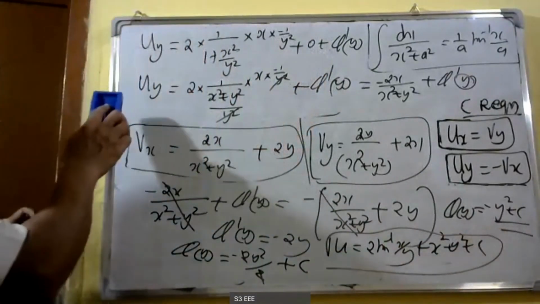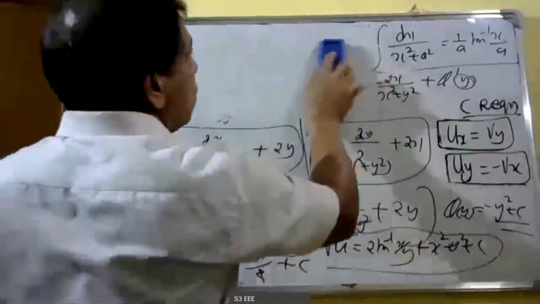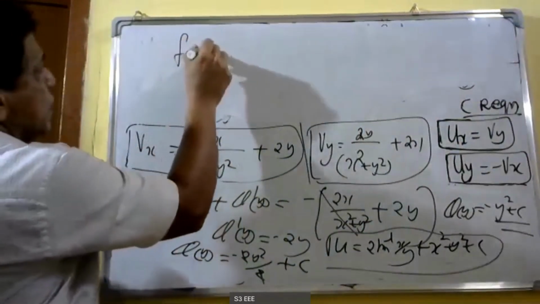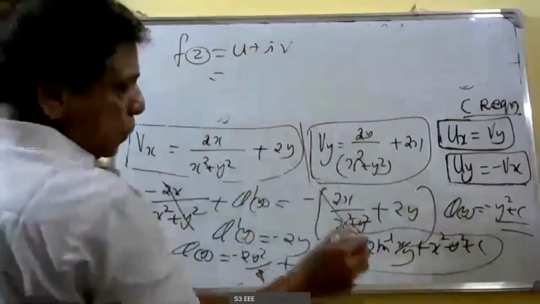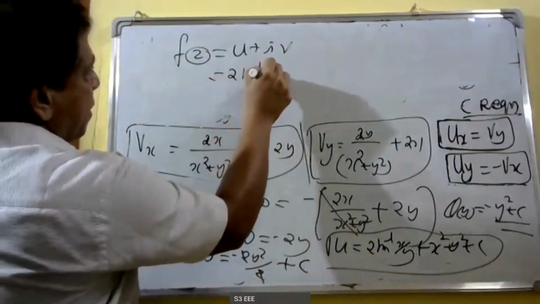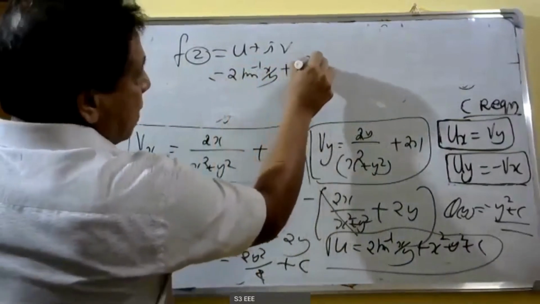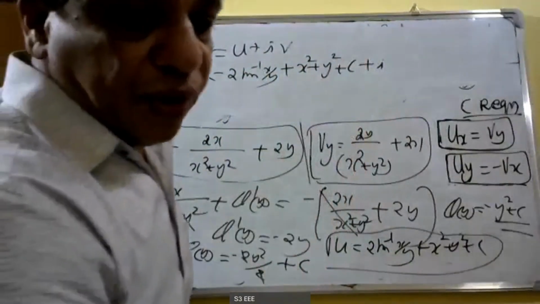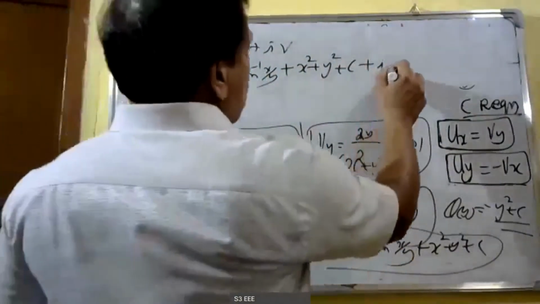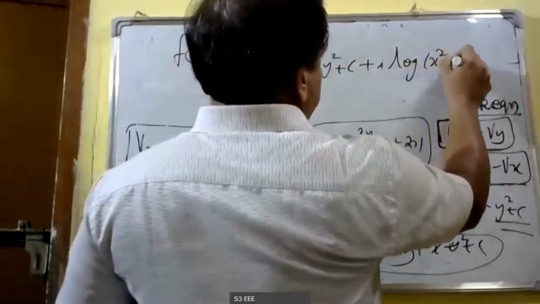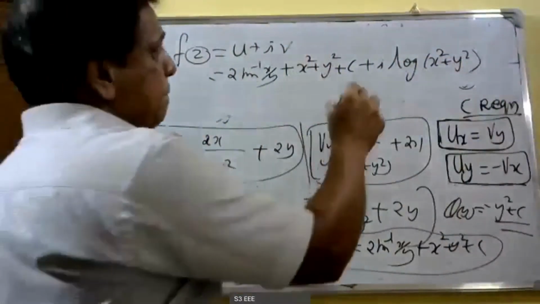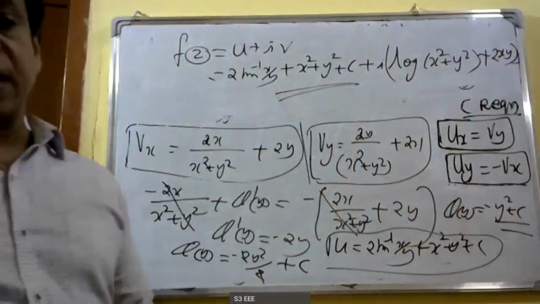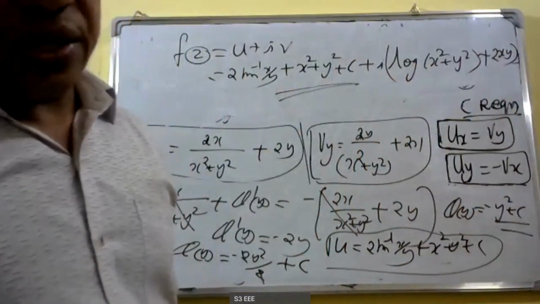Here we have to find the function f(z). f(z) = u + iv, where u = 2 tan⁻¹(x/y) + x² − y² + c, plus i times v, given v = log(x² + y²) + 2xy. This is the required analytic function.